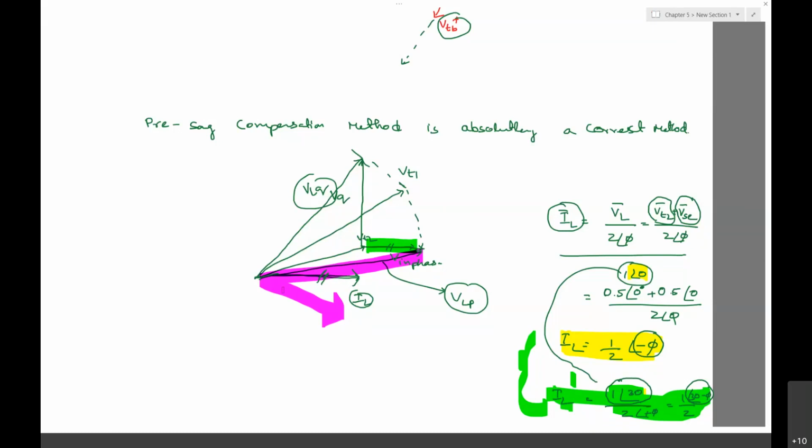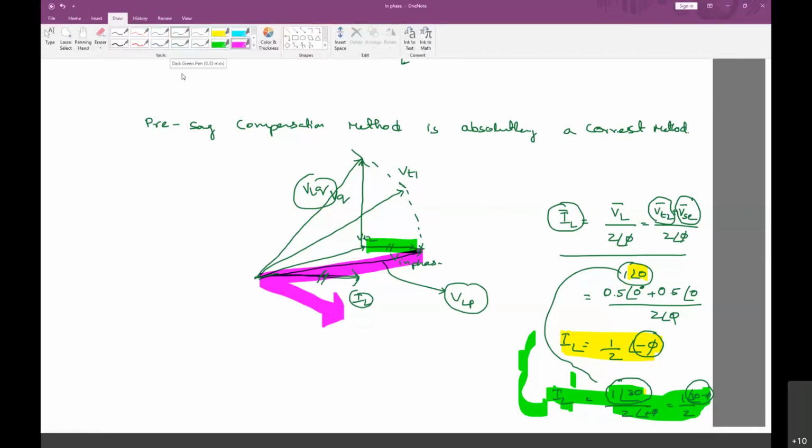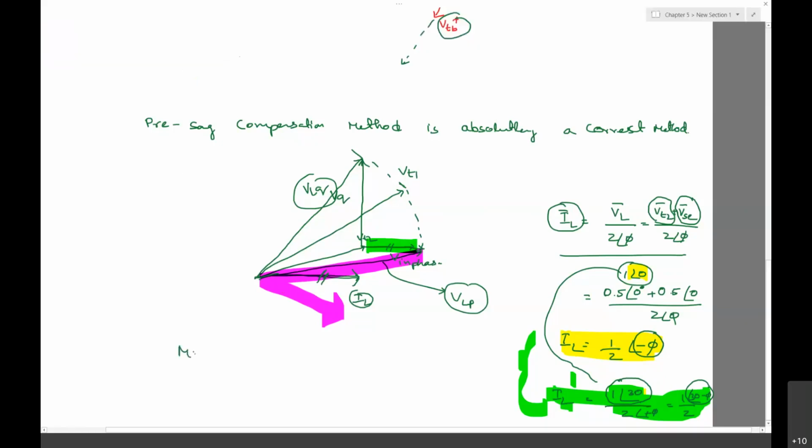They have come across the minimum energy injection method. And I'll leave that minimum energy injection to you only. I'm not going to discuss the minimum energy injection method.